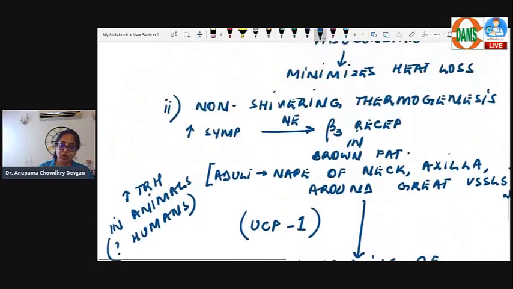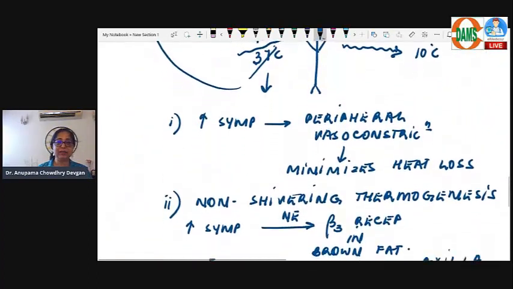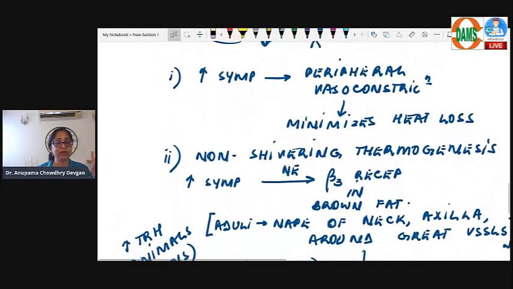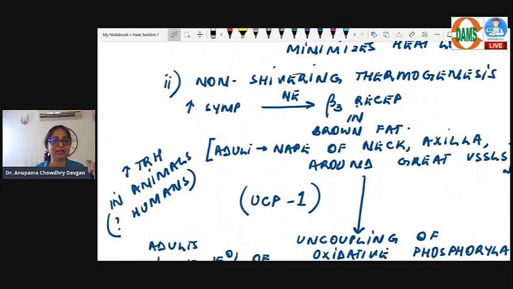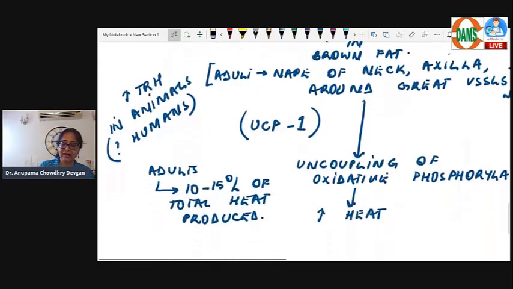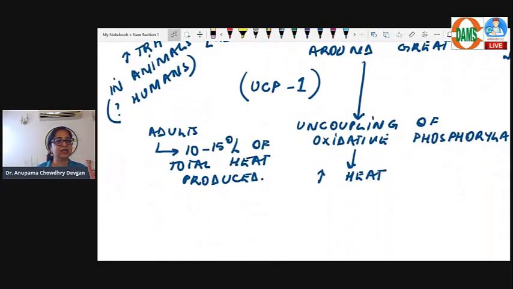Now, to increase the heat production in winters, what are the responses by the posterior hypothalamus? Number one, there is a peripheral vasoconstriction, which minimizes heat loss by radiation. Number two, non-shivering thermogenesis, which involves the beta-3 receptors in brown fat, uncoupling of oxidative phosphorylation, and increases the heat production. The third mechanism to be activated is shivering.